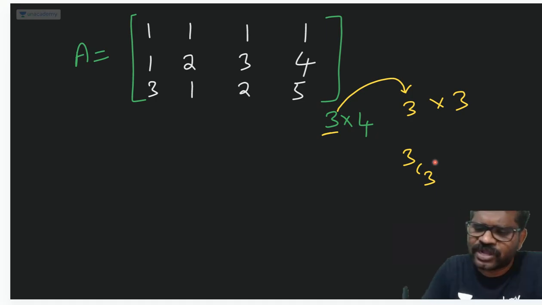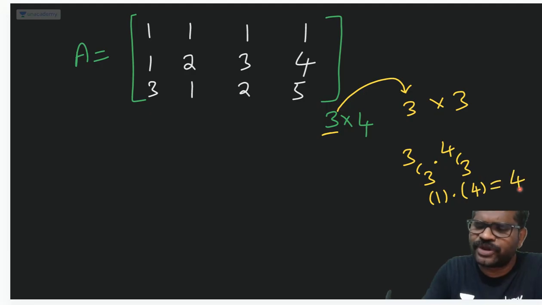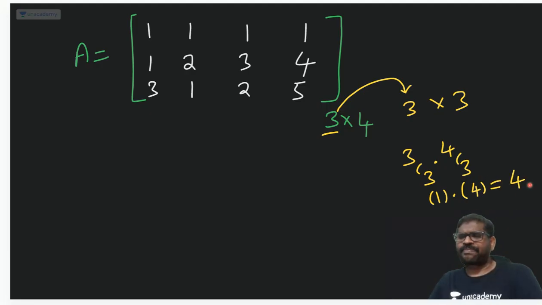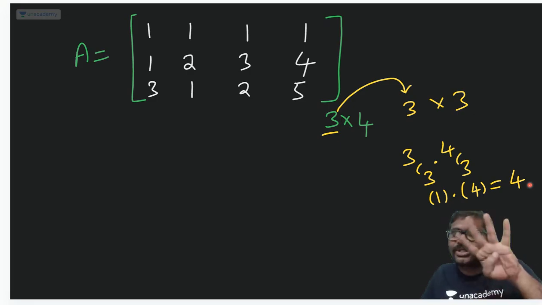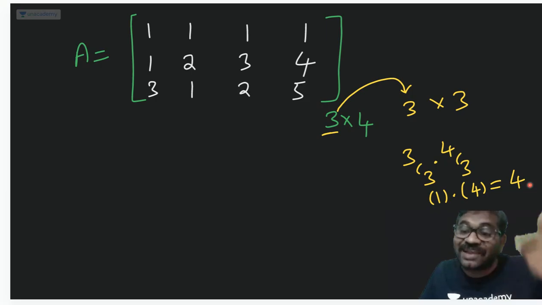From 4 columns, you have to select 3 columns. 4C3. 3C3 is 1. 4C3 is 4. 4 into 1 is 4. So finally, you can generate 4 3 cross 3 minors.